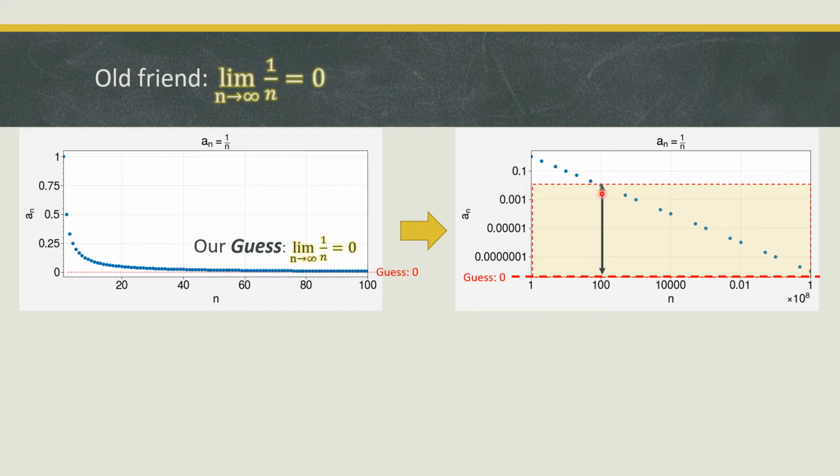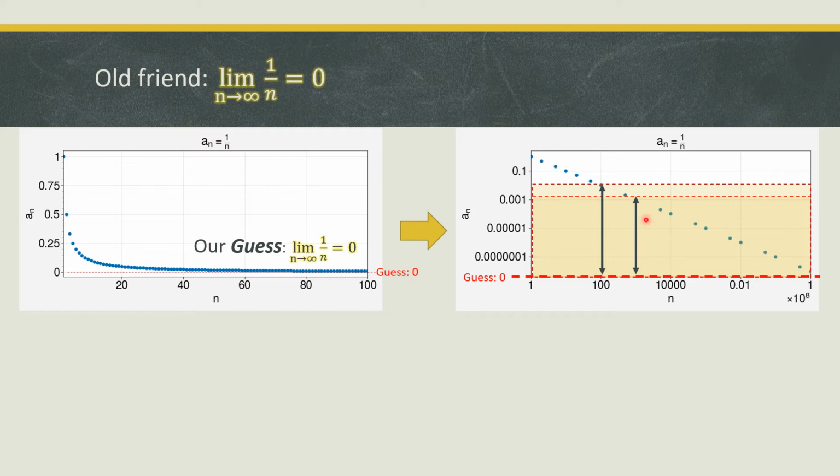Now, the difference between that term and our guess, which is 0, is this arrow, the black arrow. And if we go and find another number greater than 100, for example, this number here, this arrow becomes a little bit smaller.